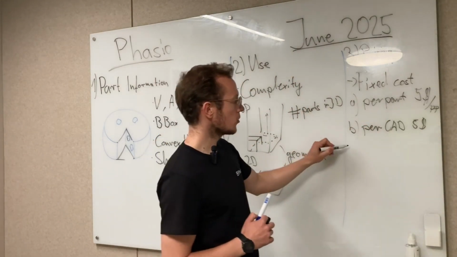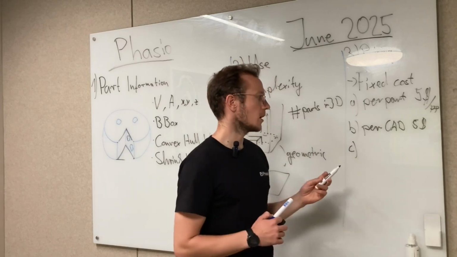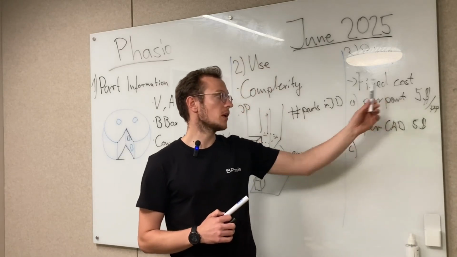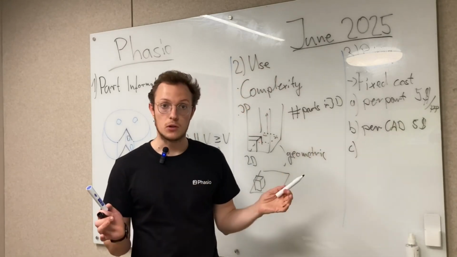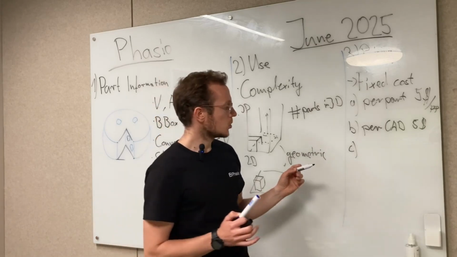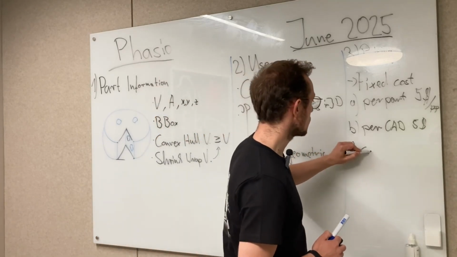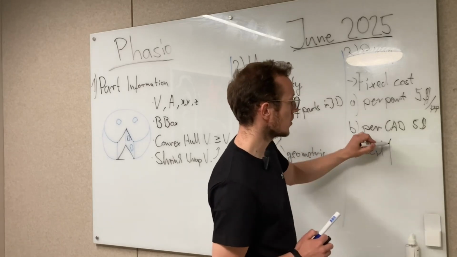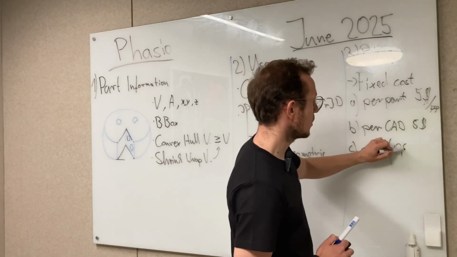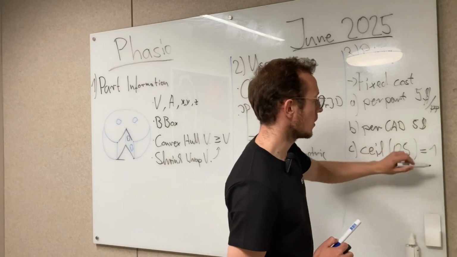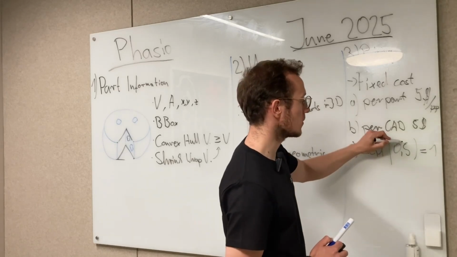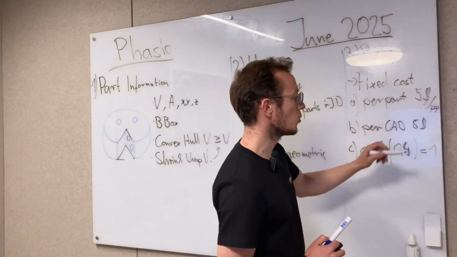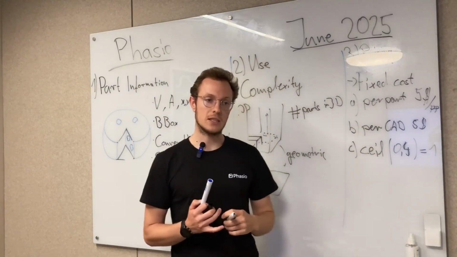But the more interesting ones appear when you say like, okay, I want a certain fixed cost per build volume or per build plate. And what you can do there then is you can use a ceil function, because the ceil function, what it does is basically something like the ceil of 0.5 is 1. It's just going to round up. And even the ceil of 0.4 is also 1. It's going to round up to the next integer.